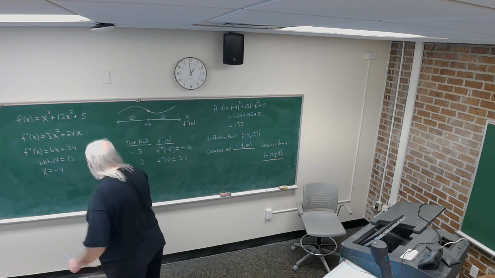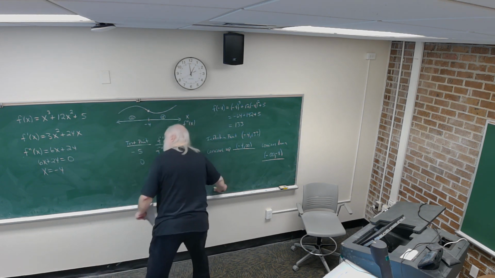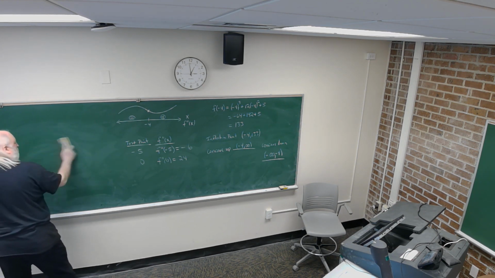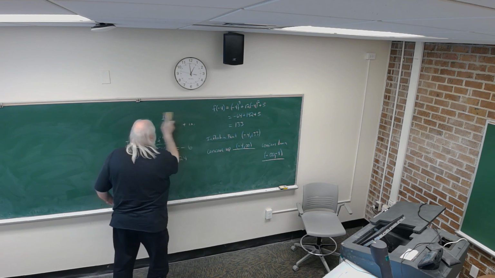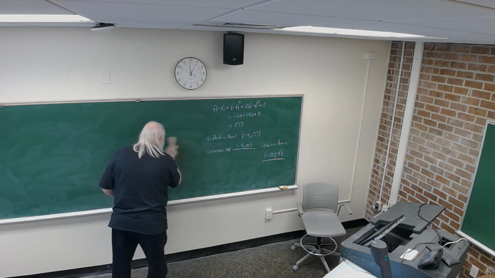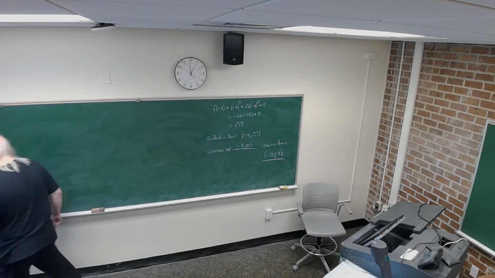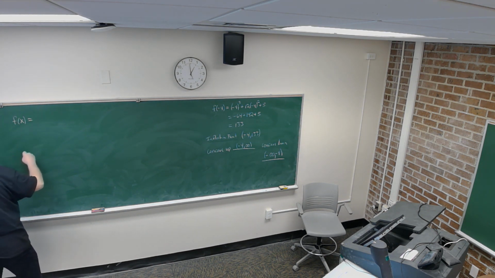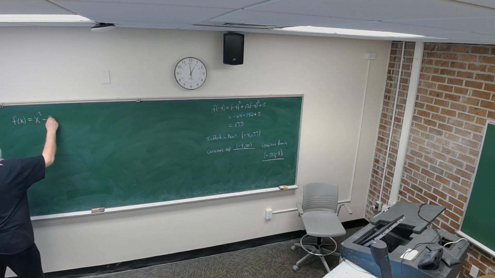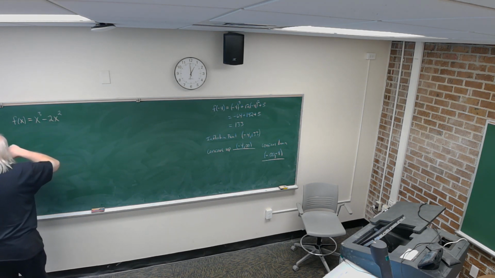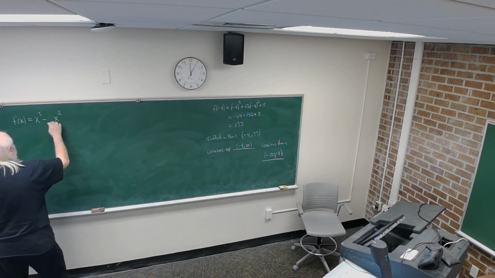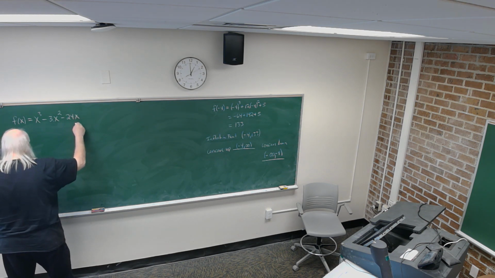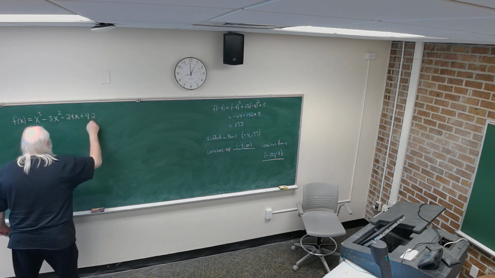All right, so the first one is f of x equals x cubed minus 3x squared minus 24x plus 92.